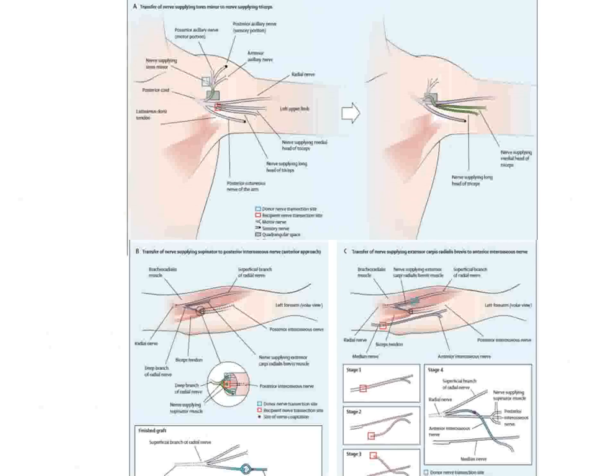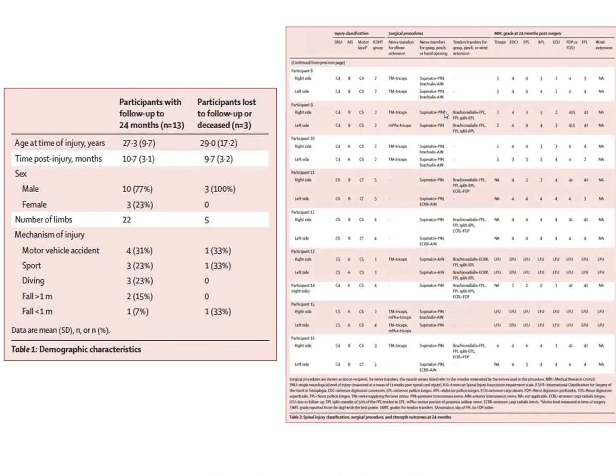And these courageous surgeons in Australia performed nerve and tendon transfers to try to help these patients, and the technical details are shown here. And the patients are shown here, and a number of patients were subjected. The reasons for their spinal cord injuries are shown here. Diving is up there, sports, motor vehicle accidents, etc. And the number of limbs that are involved here.